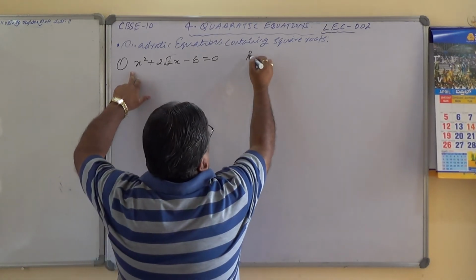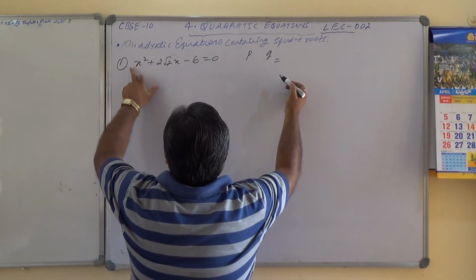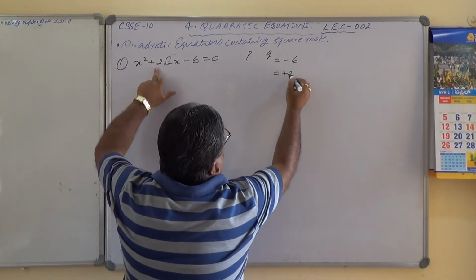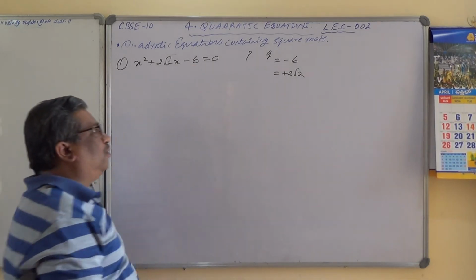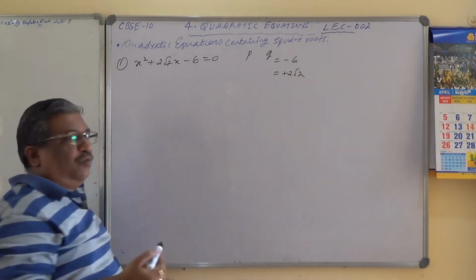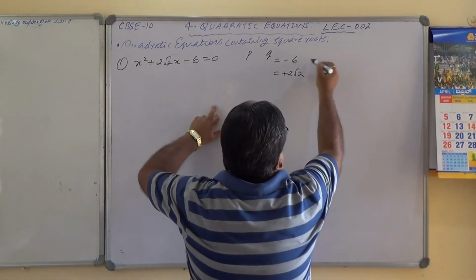So I require P and Q, two numbers, such that I should get 1 into minus 6. Here it is plus 2 root 2. Here I require plus 2 root 2. So I should be able to express this 6 in terms of root 2 basically. If I take the factors, what are the factors of 6 here?